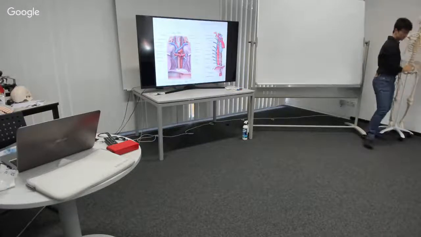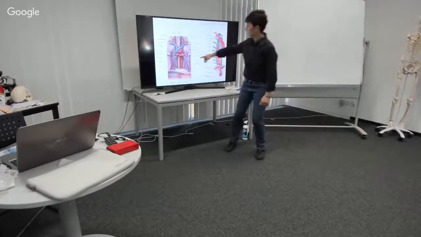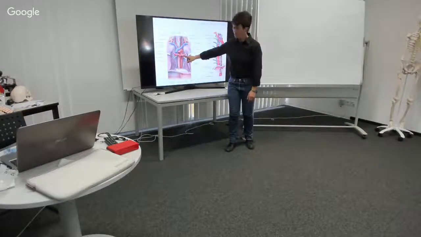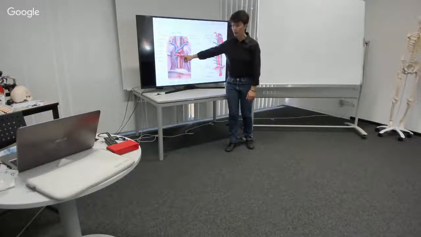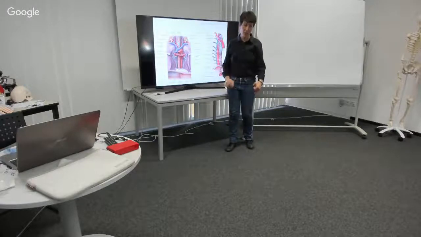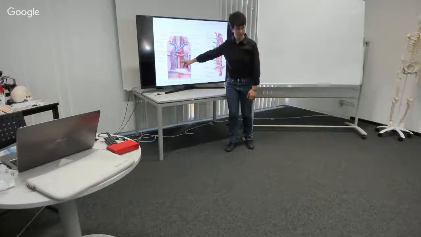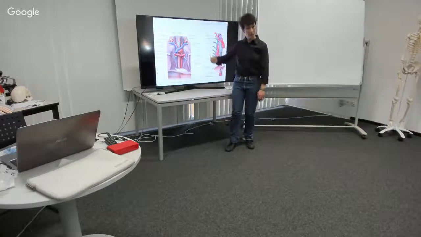So we have this relation with the left main bronchus, but also with the pulmonary arteries, originating from the pulmonary trunk. I know it's kind of confusing, but the esophagus has a relation with the left main bronchus, but with the right pulmonary artery.